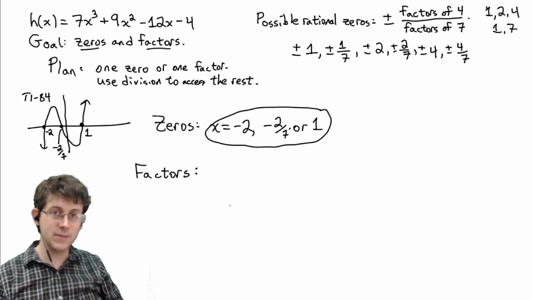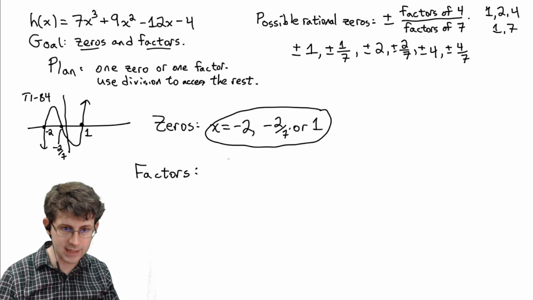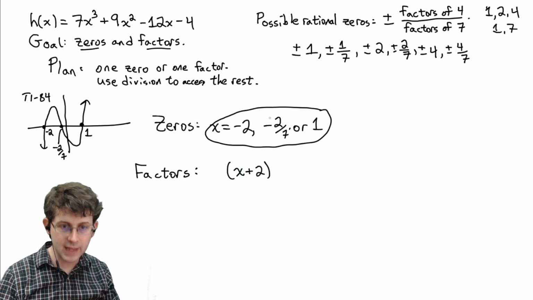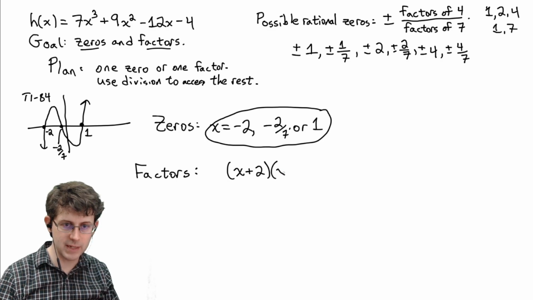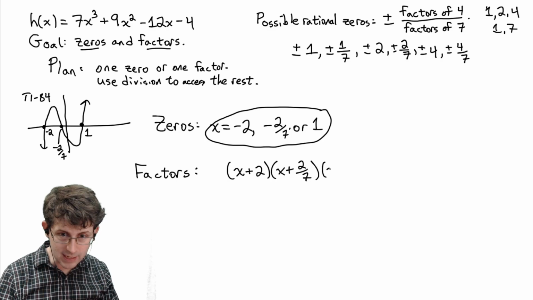factors. However, you do know that each zero corresponds to a factor. So like x equals -2 corresponds to x plus 2. X equals -2/7 corresponds to x plus 2/7. And x equals 1 corresponds to x minus 1.